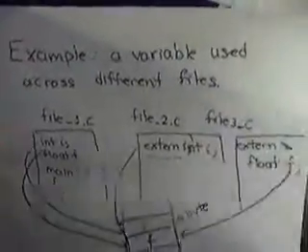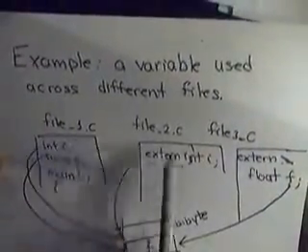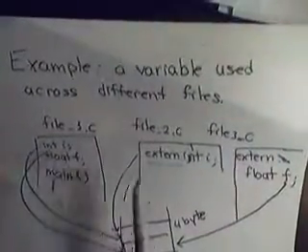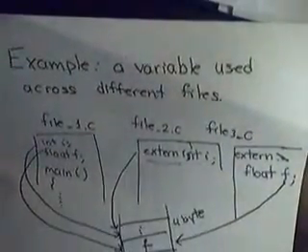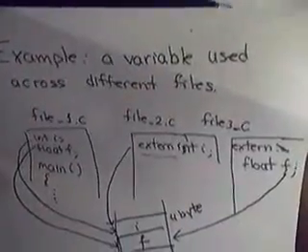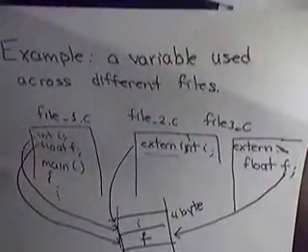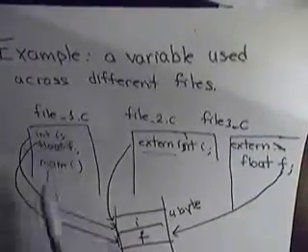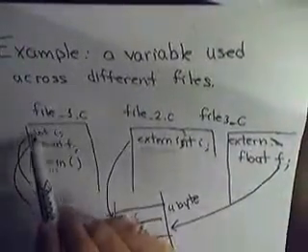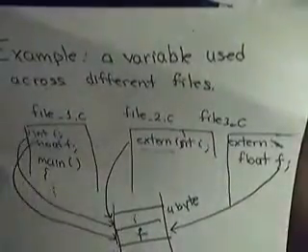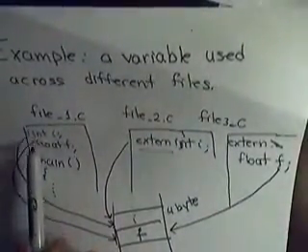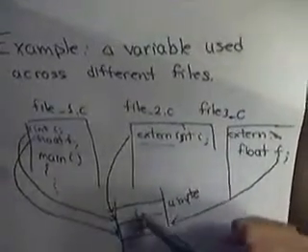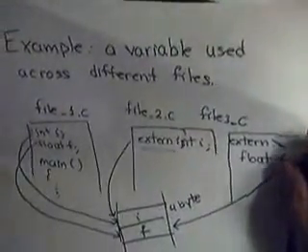Let's consider file 1 and file 2. Which of these two statements, int i or extern int i, is the one that actually creates in memory the location for i, or allocates the space for variable i? It's the one in file 1. When the compiler sees int i, it goes to memory and reserves the location for i.